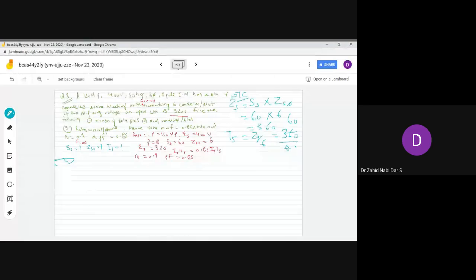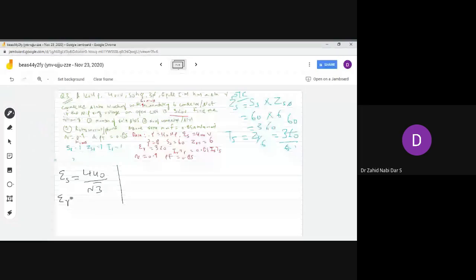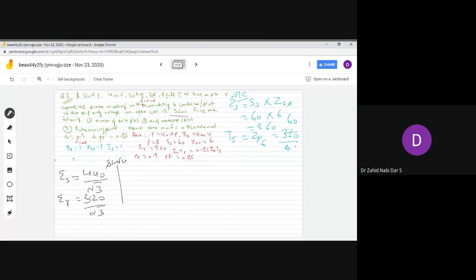The stator voltage ES would be equal to 440 divided by root 3, because it is star connected, and ER would be equal to 320 divided by root 3, because it's star connected.